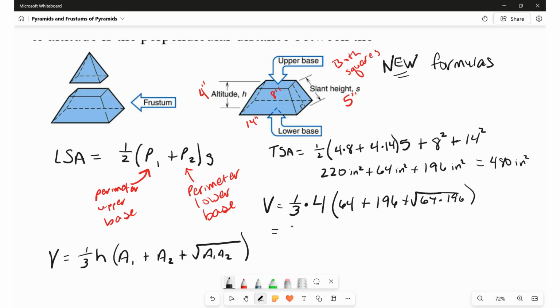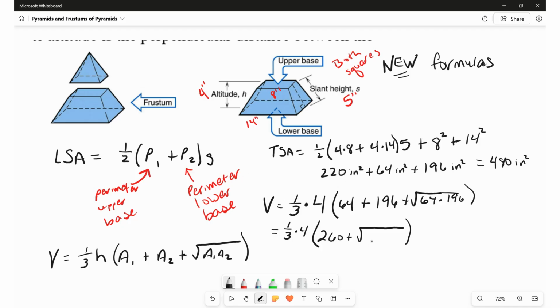So that gives you 1/3 times 4 times 64 and 196, which are 260, plus the square root of 64 times 196.